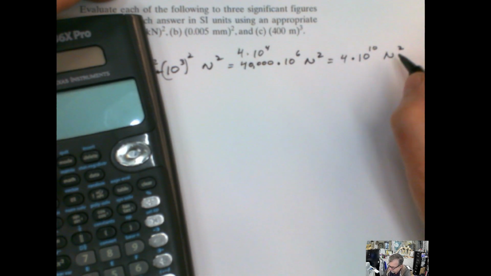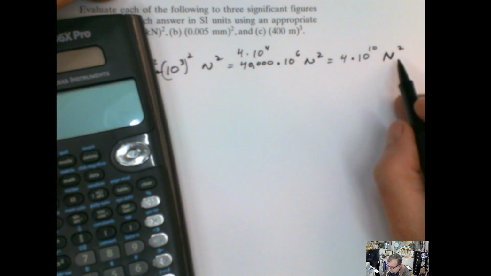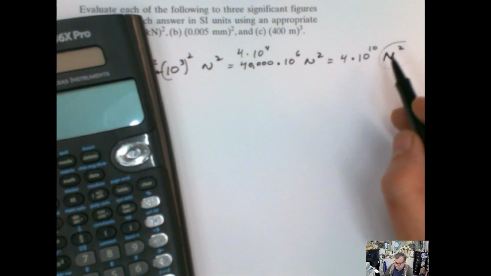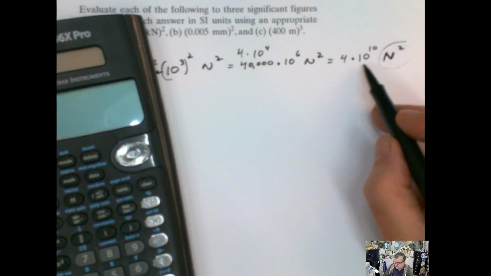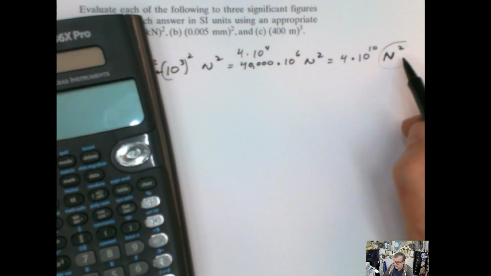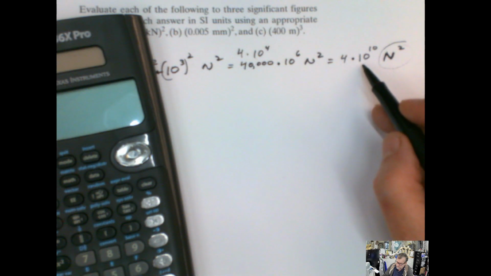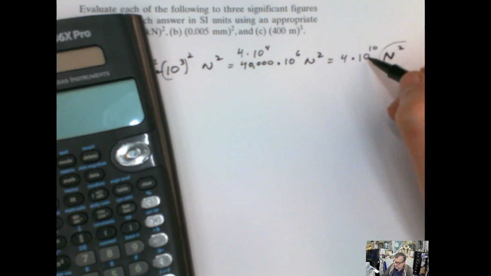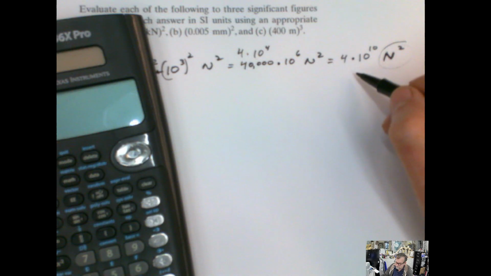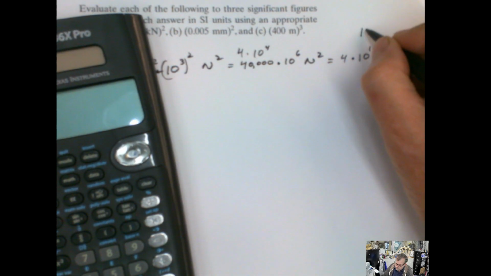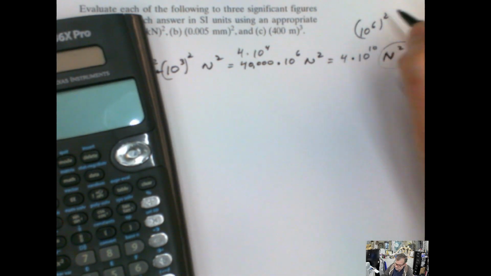Now if I'm going to express this in a unit that is squared, I have to convert the prefix into something that resembles that. If I'm using kilo, kilo squared should be 10 to the third squared, 10 to the sixth. If I use mega, mega will be 10 to the sixth, but it has to be squared.